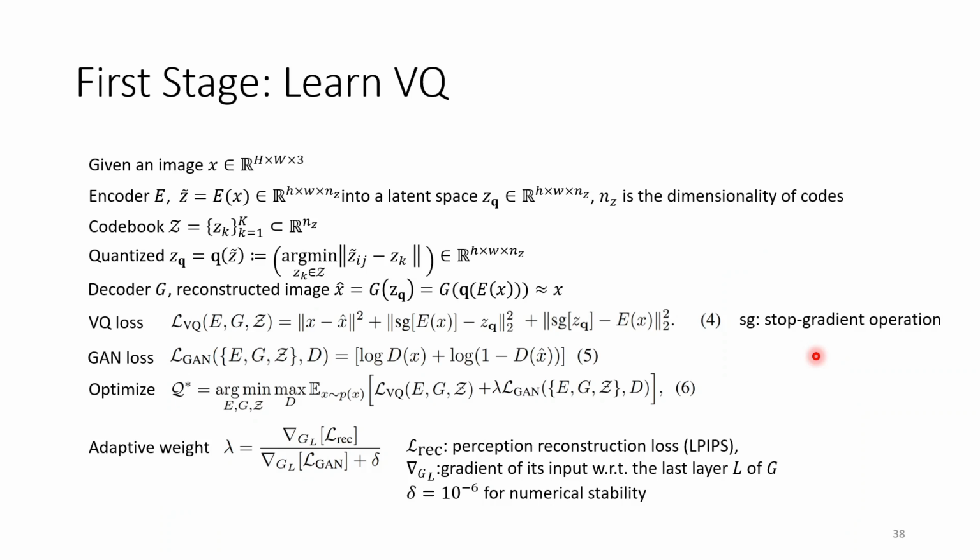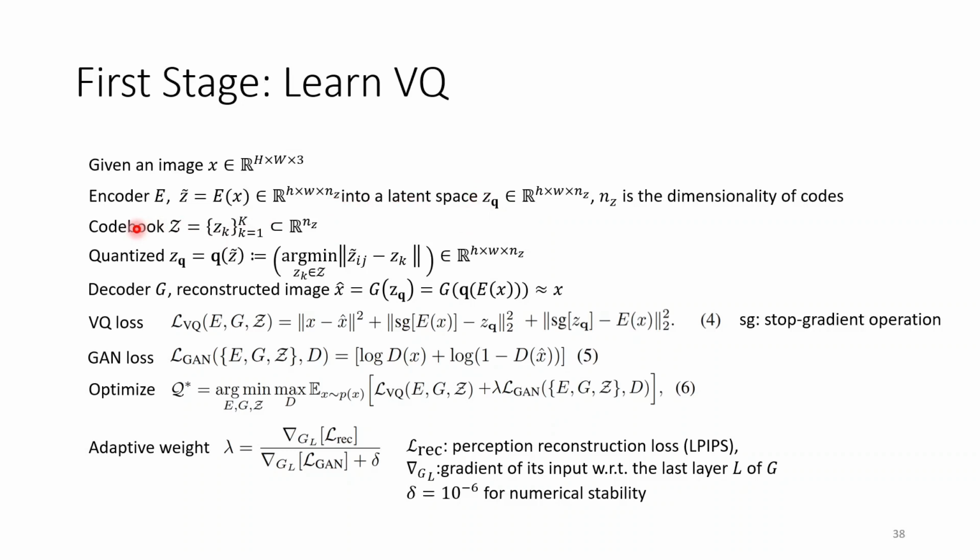In the first stage, they need to learn the vector quantization. Given the image, they develop the encoder, and the encoder converts the image to the latent code. The latent code is not a vector; it is a tensor. For the resolution, it will be reduced by a factor, but the factor is not shown here.